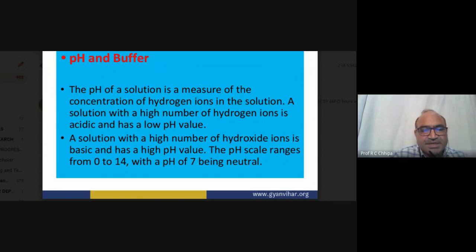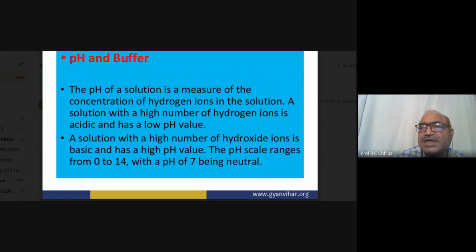So pH is one of the parameters to check whether a solution is acidic or basic, and these are the magic numbers, pH and buffer. The pH of a solution is a measure of the concentration of hydrogen ion in the solution. A solution with a high number of hydrogen ions is acidic and has a low pH value.